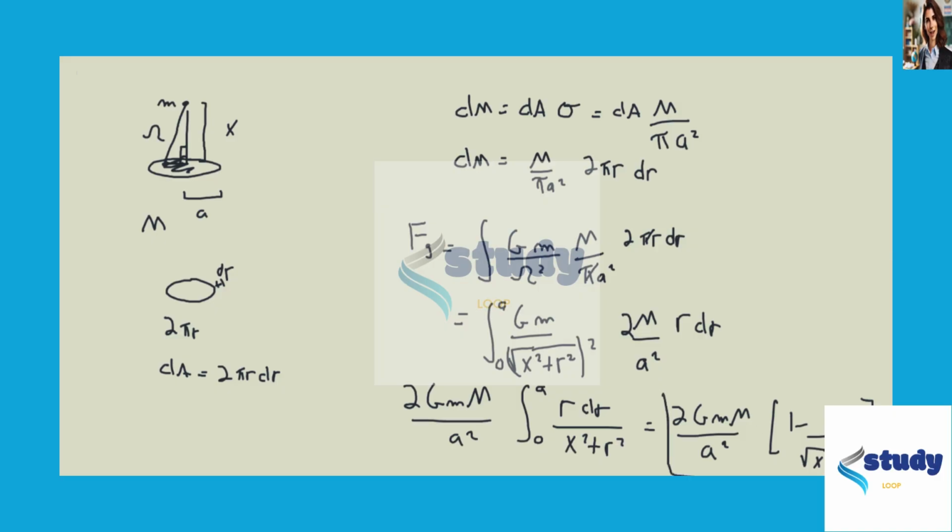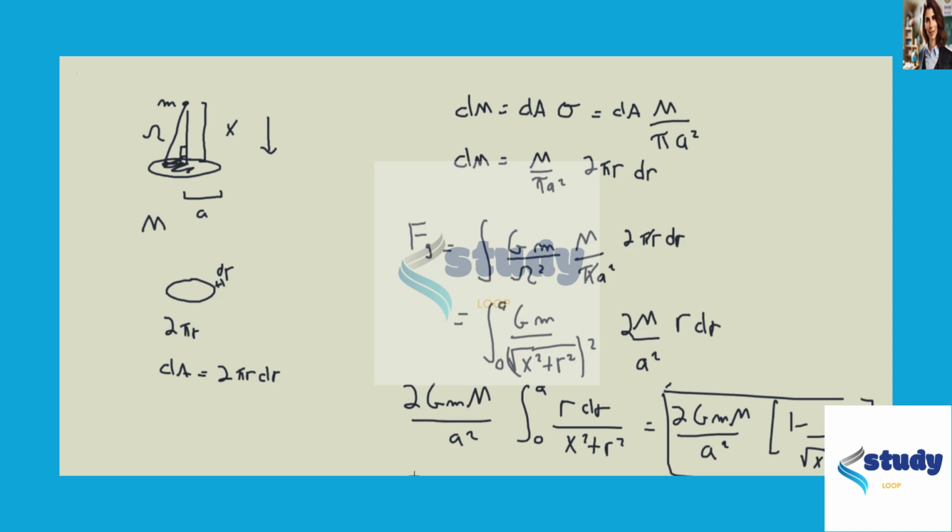So that is our force. And this will be straight in the downward direction for the force being applied on the little mass. So just straight down. By symmetry, there's going to be no force in the horizontal direction.